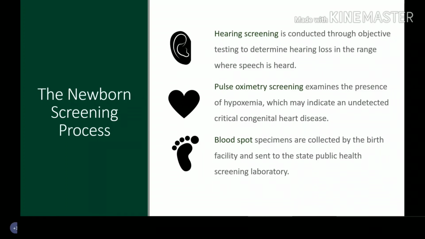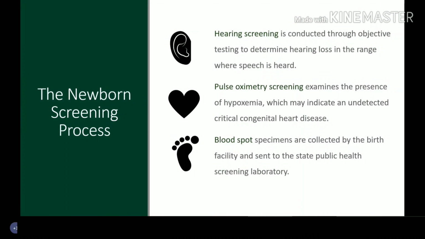What we have been seeing across the country for the past few years is that approximately 1 in 300 newborns is born with a congenital hearing loss in the U.S. If we go down to pulse oximetry screening, this screen is really aiming at detecting hypoxemia, with the idea that this hypoxemia may be indicative of a previously unrecognized critical congenital heart disease.